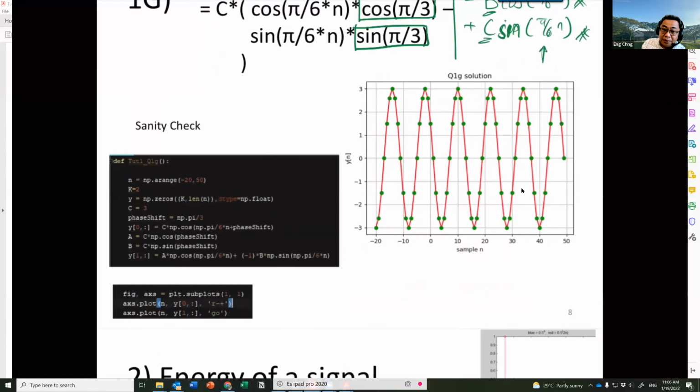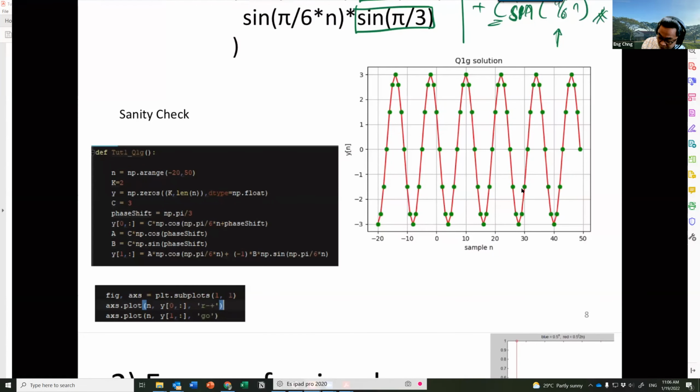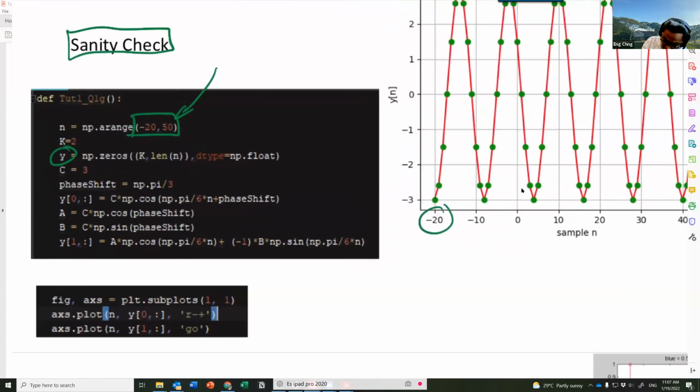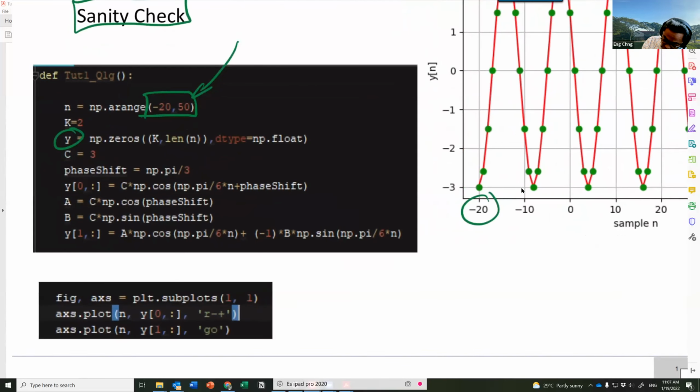How do I prove to myself that it works? Well, for a sanity check, let us plot a sequence from -20 to 50, and I will create two Y's. The first Y is based on the original expression, where the amplitude is 3, with pi over 6n plus the phase shift, which is pi over 3.